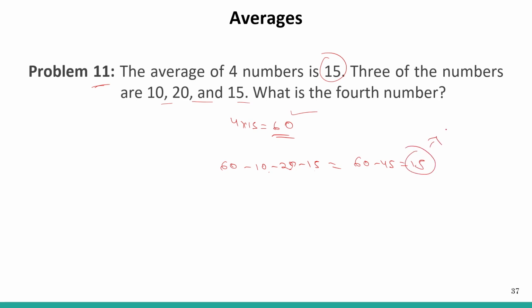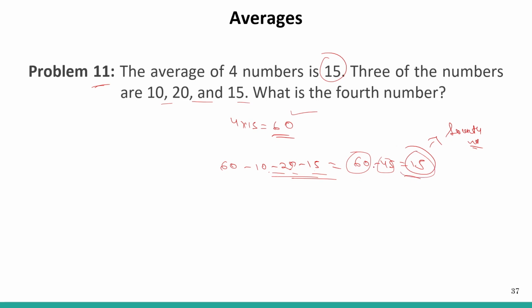So this is the fourth number. Since we are given three numbers, we can just subtract the sum of those three numbers from the cumulative count, that is 60, and we get the fourth number.